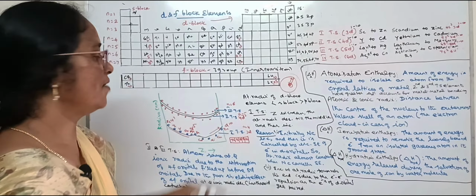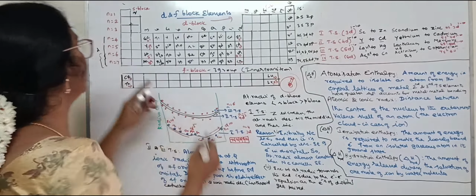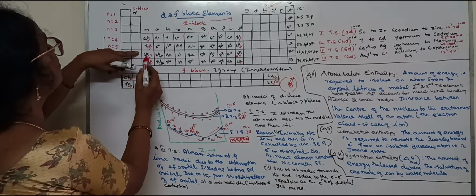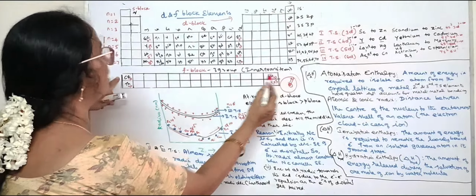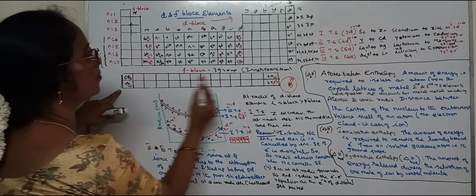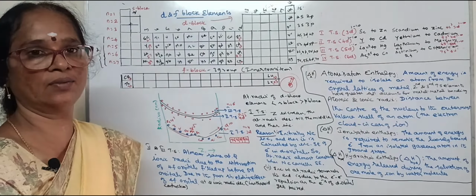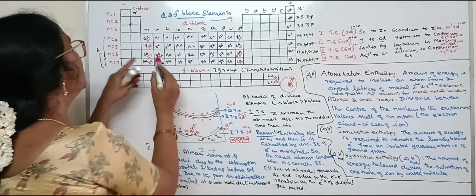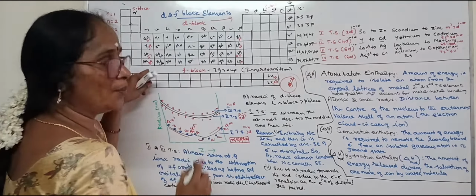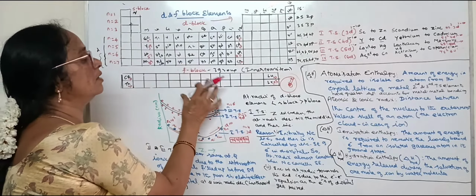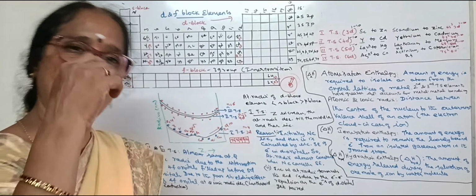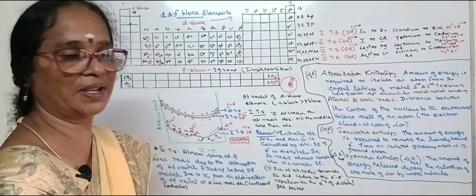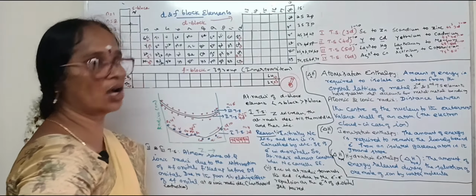We know well, when it opens the sixth period, you may find lanthanum and actinium are there. After lanthanum, cerium to lutetium, and after actinium, thorium to lawrencium we have. So what happened? Before filling of the d orbital, the f orbital gets filled up. And these f orbitals have very poor screening effect compared to d orbital.